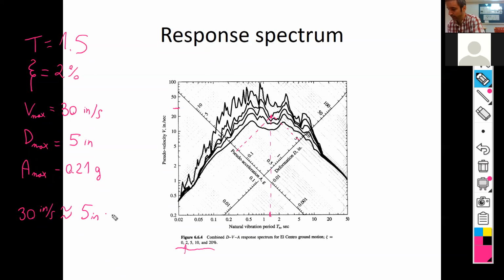No, sorry, not squared, because it's the speed. The speed is the displacement times the frequency. Okay, so if you put this to 1.5, it should more or less turn out to be the case.